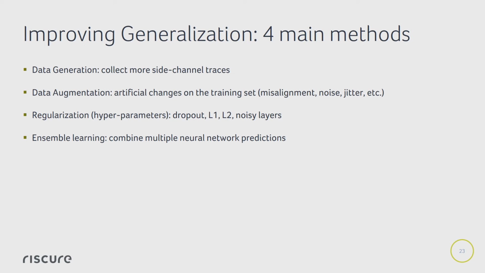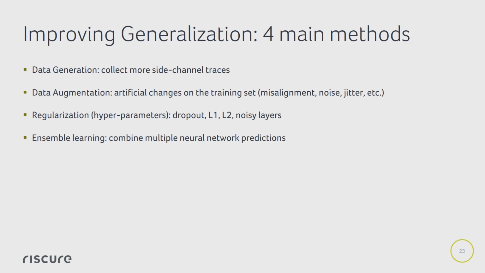But not only to validate, also how to improve the generalization, how to make it generalize better to different traces. I could summarize four main methods for generalization improvement. One is data generation. Basically, you just collect more traces, which makes your network less capable of overfitting the training data.